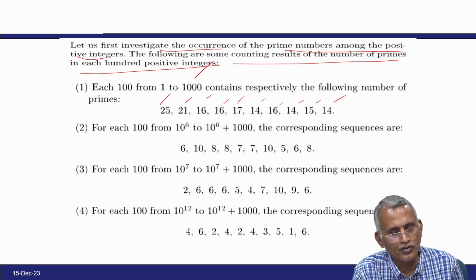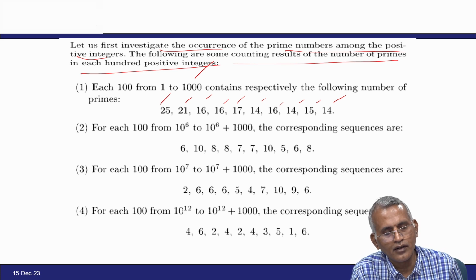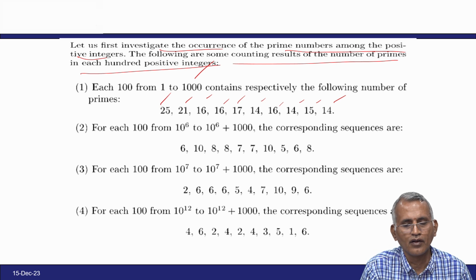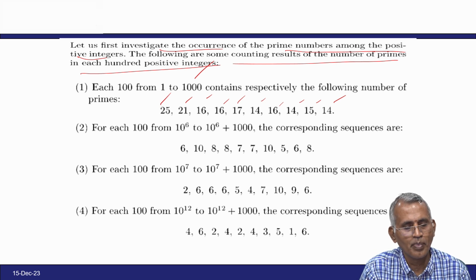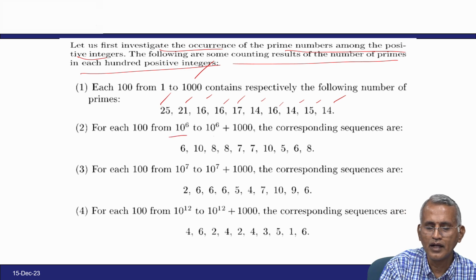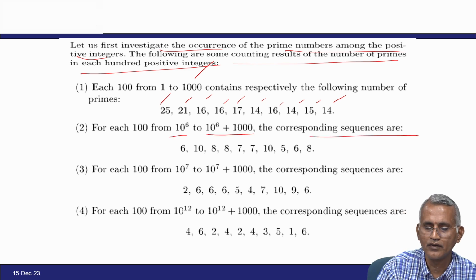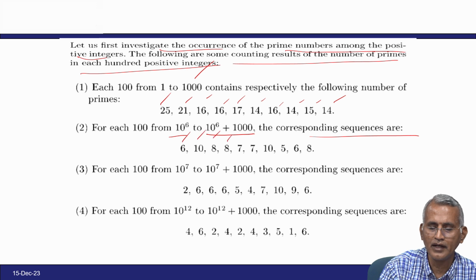100 to 200 is 21, and then 200 to 300, 300 to 400, 400 to 500, 500 to 600, like that you have to count it. These are all things we can easily count. And for each 100 from 10 power 6 to 10 power 6 plus 1000, the corresponding sequence is 6, 10, 8, 8, 7, 7, 10, 5, 6, 8.